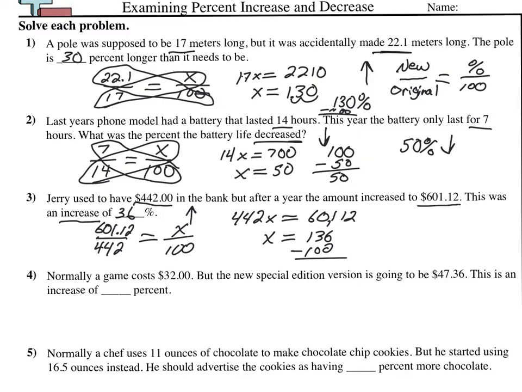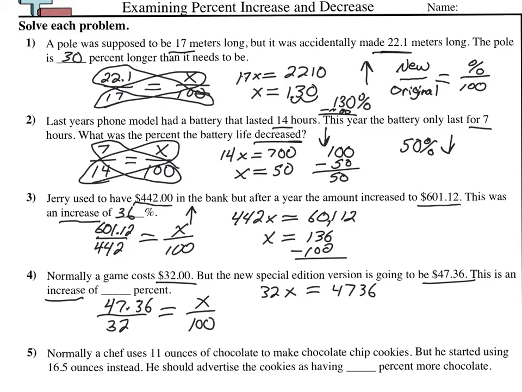Number 4, normally a game costs $32, but the new special edition version is going to be $47.36. This is an increase. So we're going from 32 to 47.36. So the original was 32, the new is 47.36. Percent over 100. Cross multiply, you get 32x equals 4736.